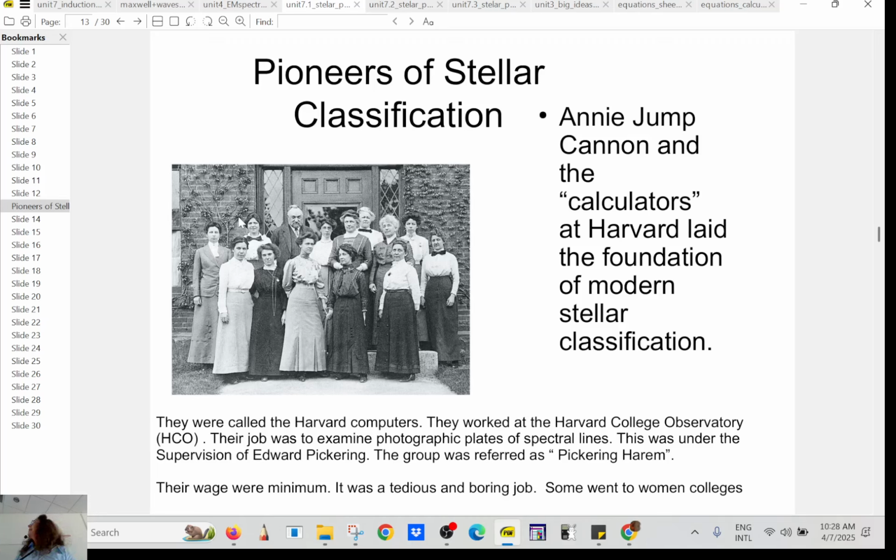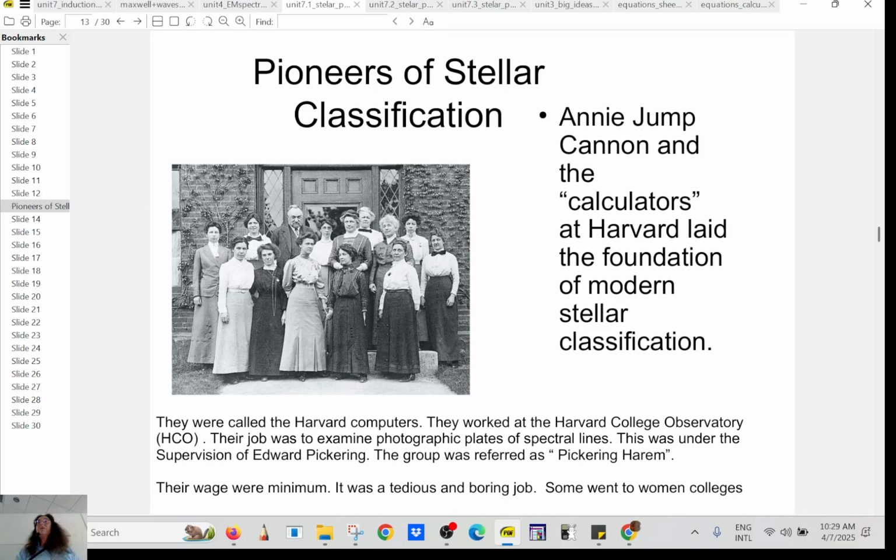At the time, so beginning of the 20th century, and 19th century even worse, women could not have access to higher education. It was very difficult. The only access that was possible was to go to a college just for women, and it was not available for everyone. Harvard had a college for women called Radcliffe College.